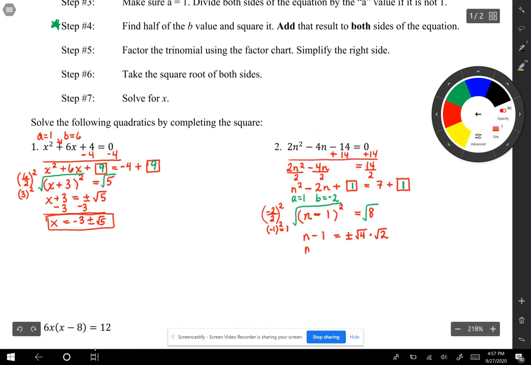So we have n minus 1 equals plus or minus square root of 4 is 2. That you cannot break down any further. Now add 1 to both sides. Put it in front. n equals 1 plus or minus 2 times the square root of 2. And you just leave it like that.